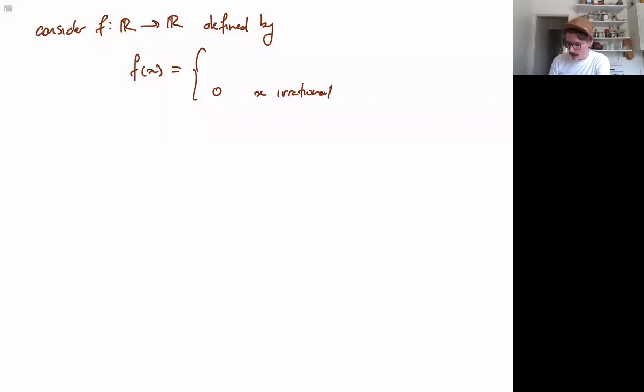If x is rational, it gets sent to 1 over s, if x equals r over s in lowest terms, and s is greater than 0.